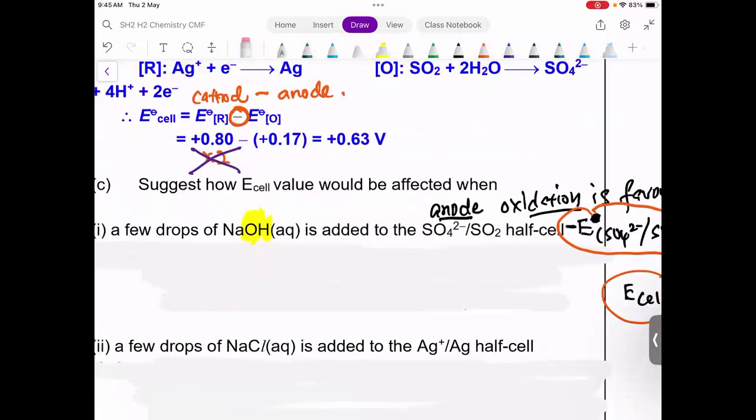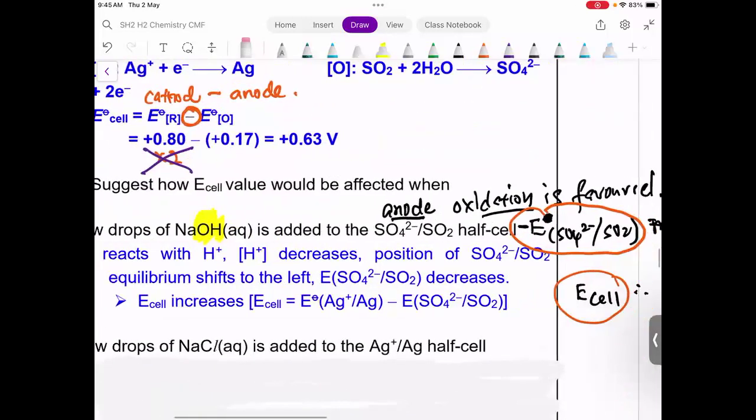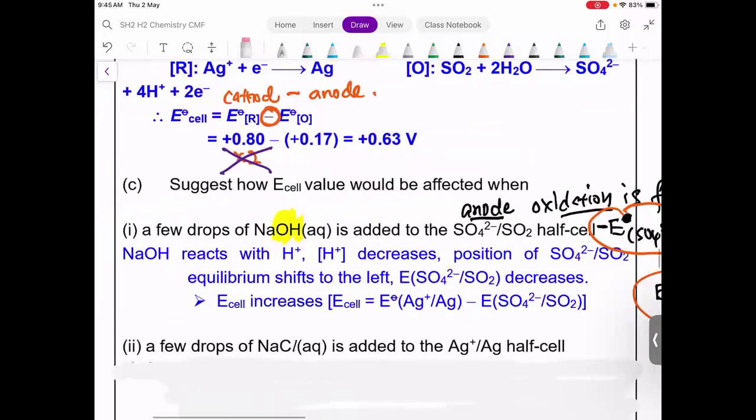So this is what it looks like in your answer. Hydroxide will react with the H plus, so that will cause a disturbance. This disturbance is that the H plus concentration decreases. Remember, the disturbances in applying Le Chatelier's principle are concentration, not number of moles. So the concentration of H plus drops, position will shift to the left. That means the reverse direction. Shifting to the left means favoring oxidation.